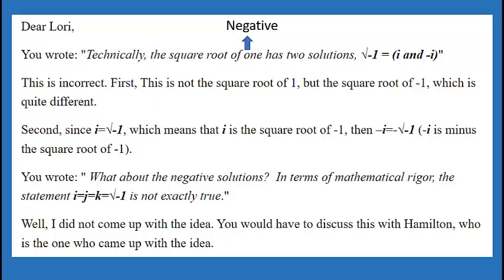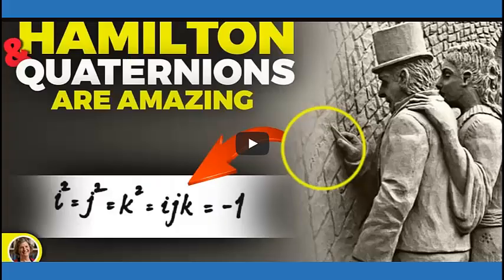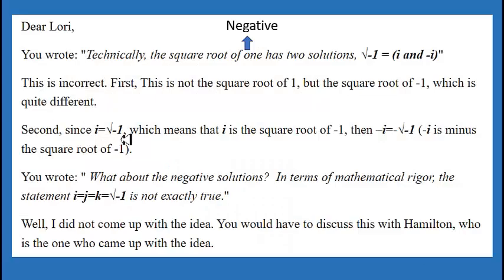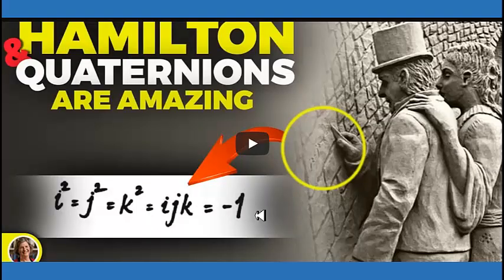Hamilton did not say i is equal to the square root of negative 1. Hamilton said i squared is equal to negative 1. So i is not equal to the square root of negative 1. i squared is equal to negative 1. Hopefully that makes sense.